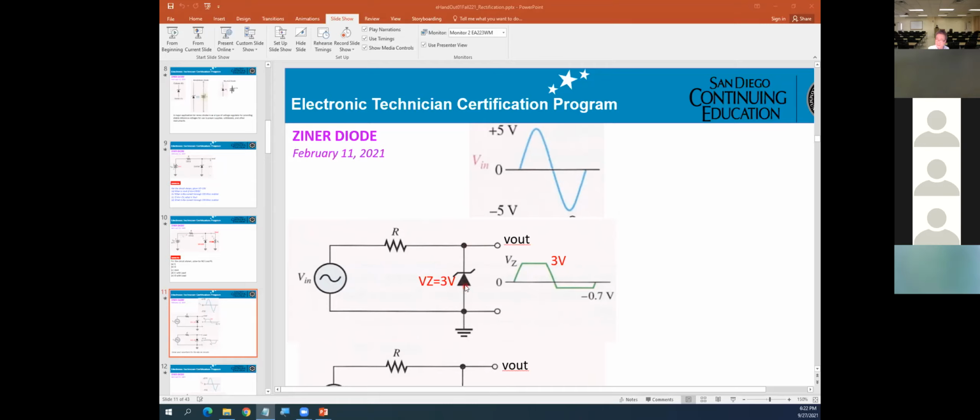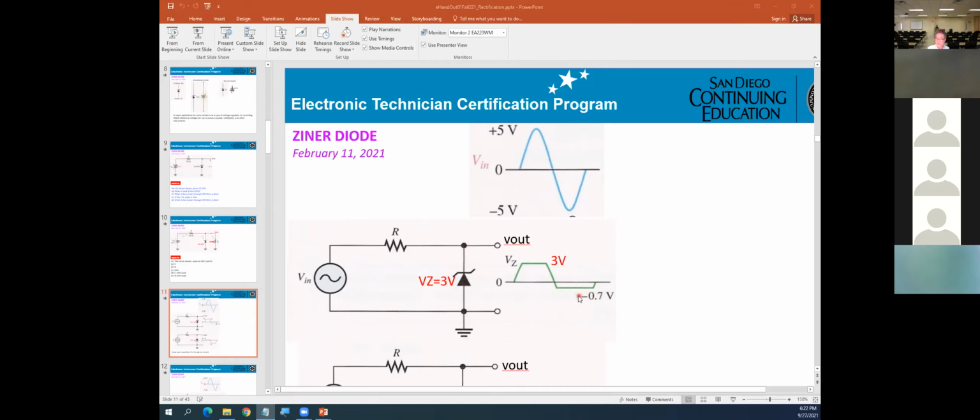So the zener turns on like normal. And when it is on normal, this side is positive and this side is negative. That's what I already showed you at the beginning. So the V out will be equal to minus 0.7 right here.